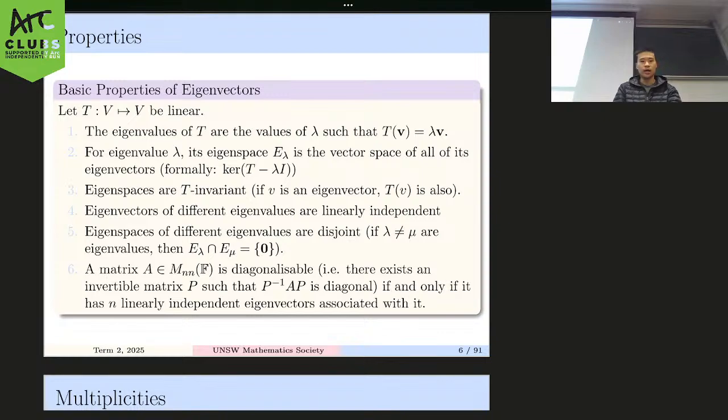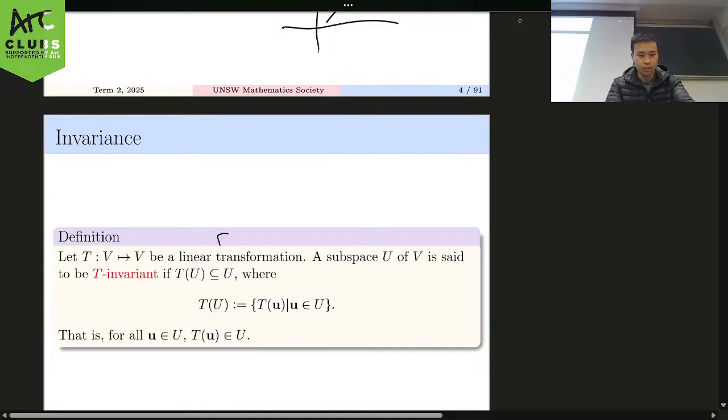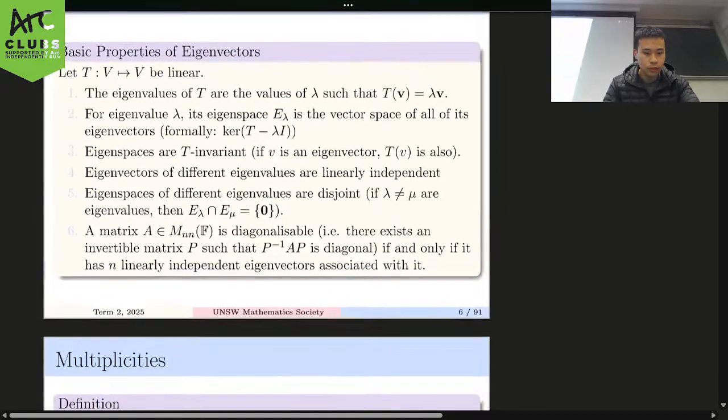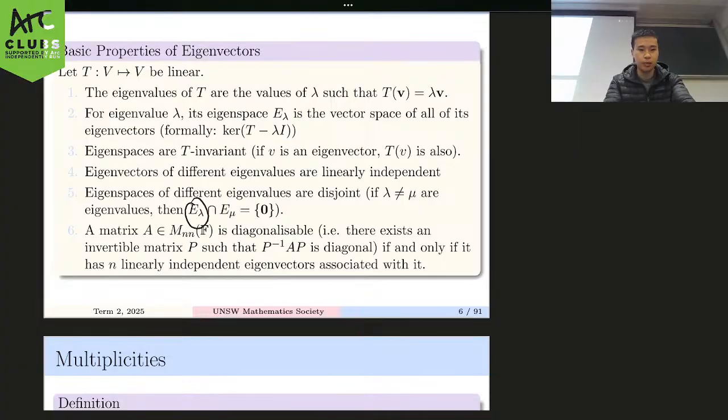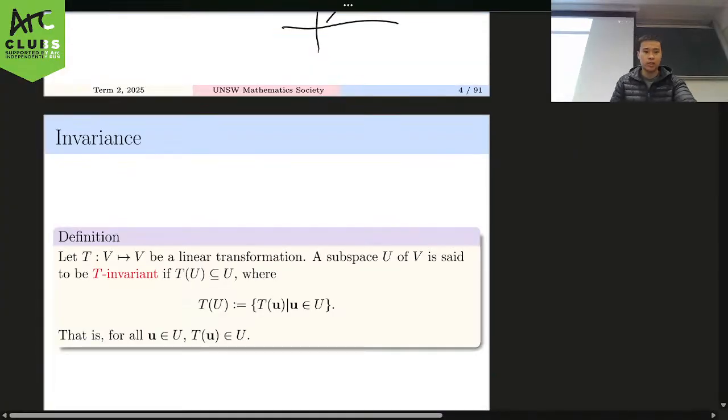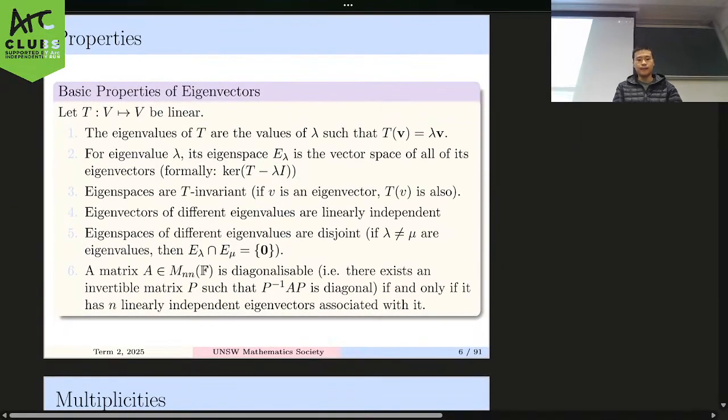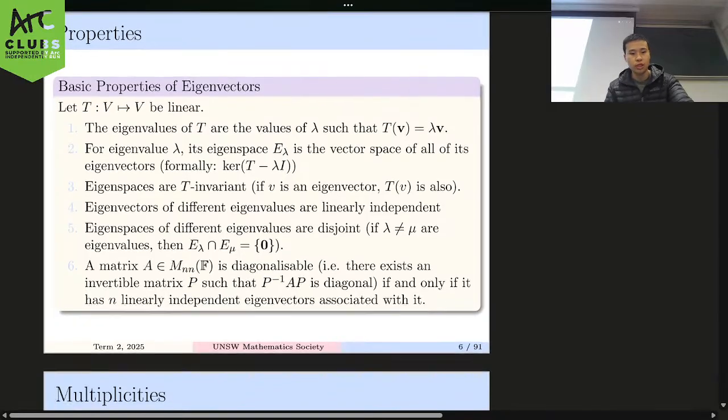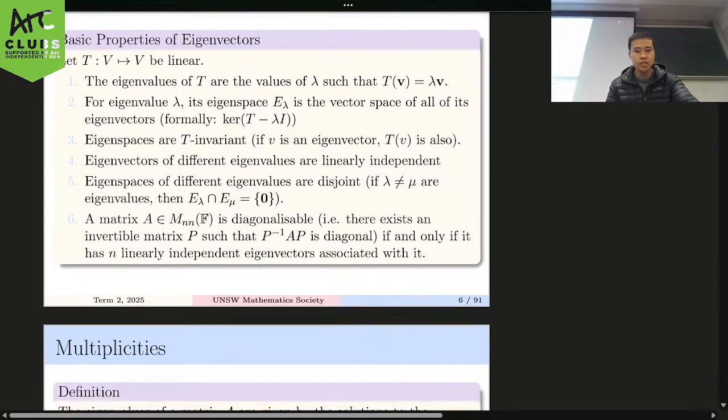Essentially, there's no eigenvector that will be in both. Technically the only one in both is the 0 vector. But that's kind of what it means for eigenspaces to be disjoint.